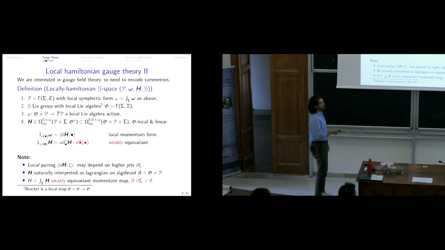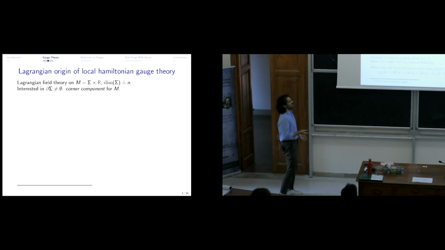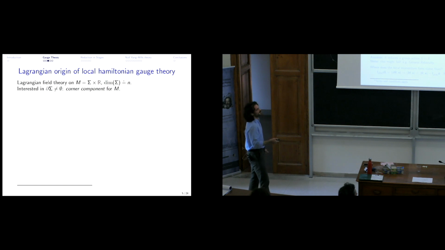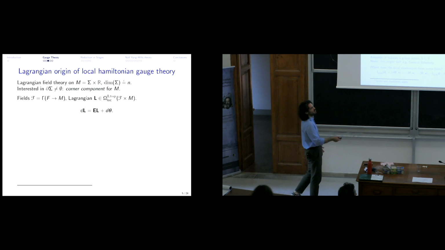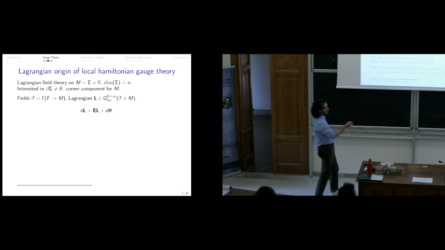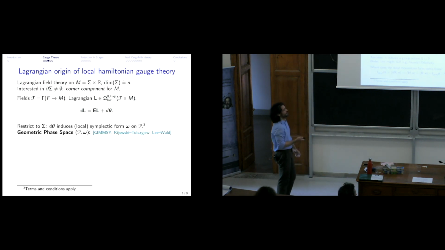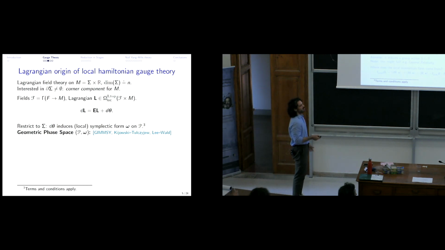Why is this definition relevant for field theory? Well, if I'm looking at a Lagrangian field theory over, let's say, a cylinder, where sigma now is a slice of the cylinder, or is the base of the cylinder, and I really have a Lagrangian density over this higher dimensional manifold with fields F, the restriction to sigma induces a symplectic form in good cases.